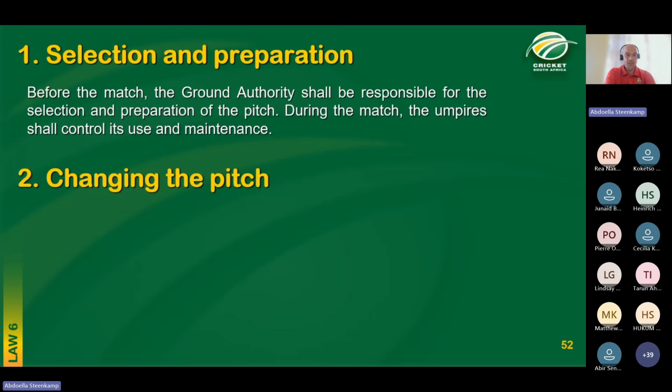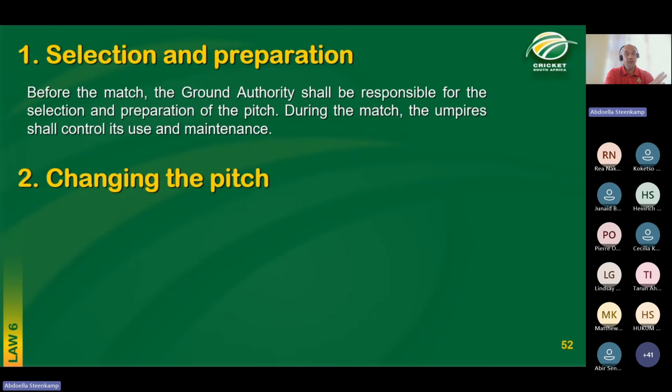When it comes to the selection and preparation of the pitch, let's say our test match starts Monday, day 1, at 10 o'clock. The ground authority, the curator, and his or her team will be responsible for choosing which pitch the game is going to be played on, and they need to make sure they prepare the pitch and get it ready for our test match.